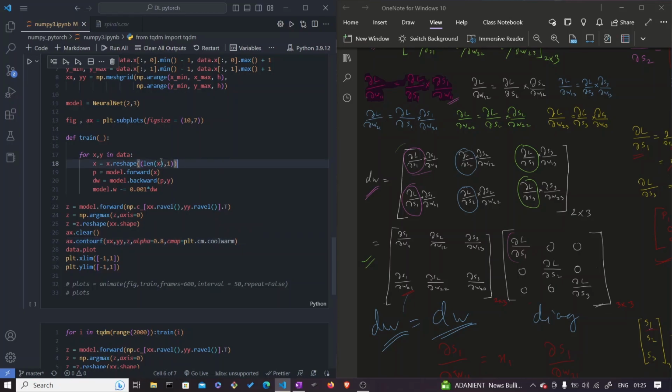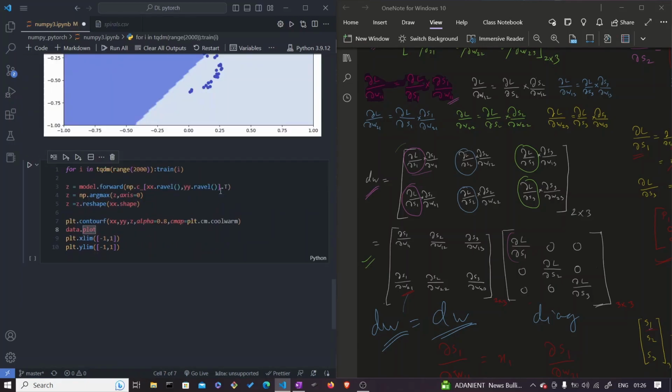So I'm taking the y and reshaping this into 2 cross 1, the column vector, then passing that to the forward function, getting the dw's, which the backward function will basically calculate as the gradients, and then updating the weights with learning rate 0.001. This is my learning rate, right? So this is the gradient update step.